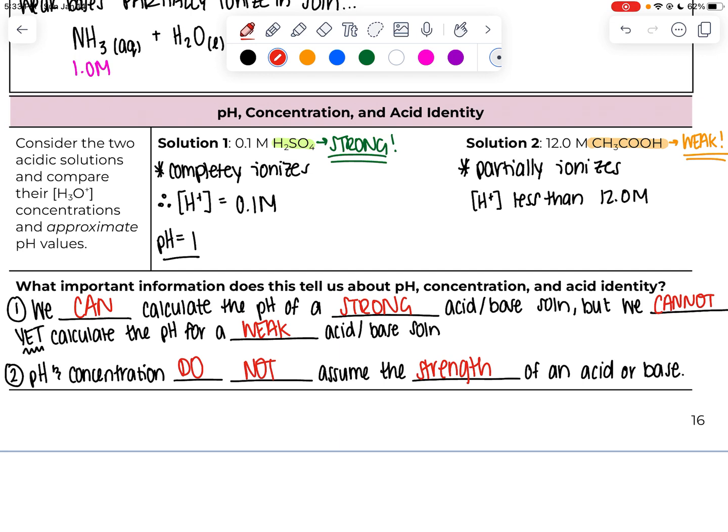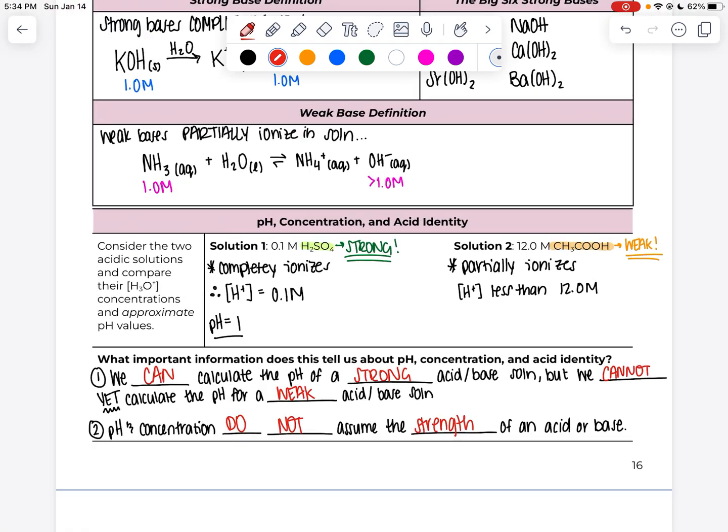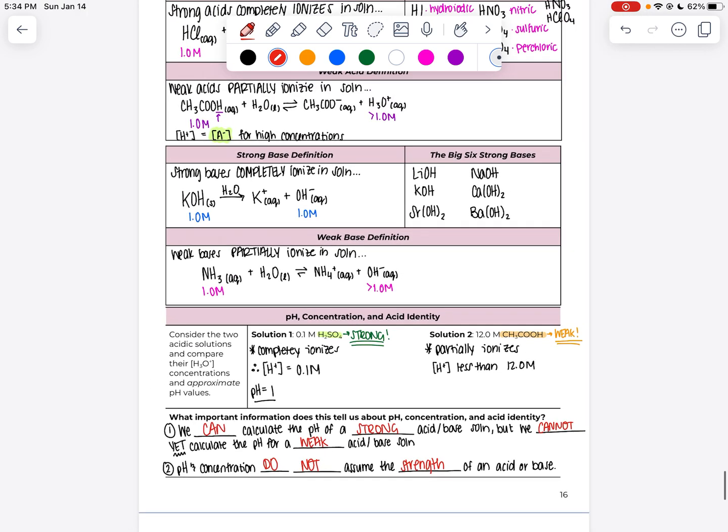If you have something that's a really, really low pH, that does not mean that it's a strong acid or base. By definition, it has to completely ionize in solution to be a strong acid or a strong base. And those are just the ones on the list that I've given you. So, these are the two most important things that you need to take from this.